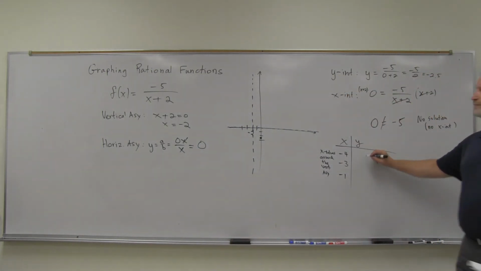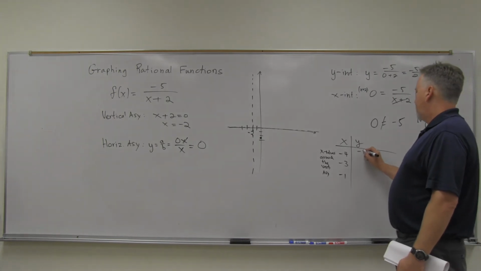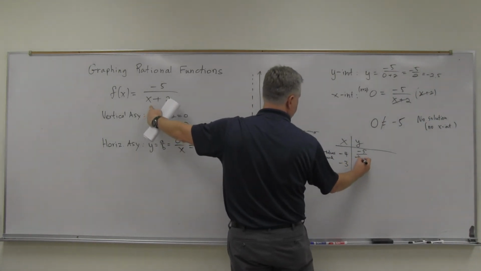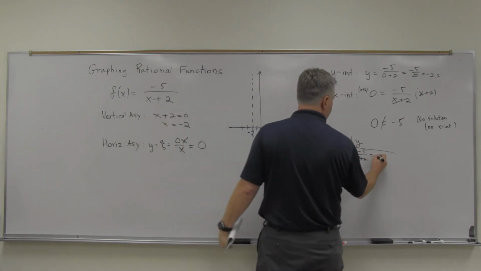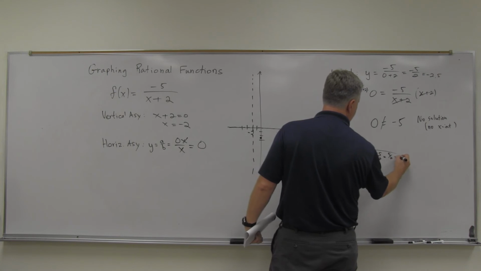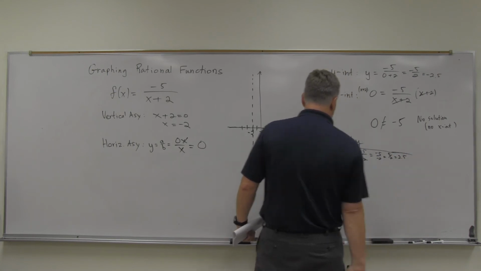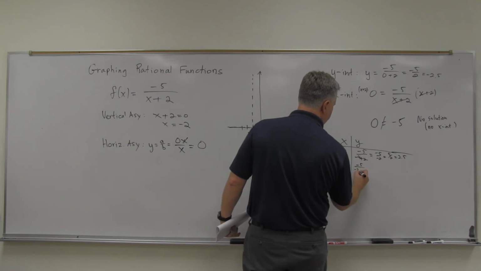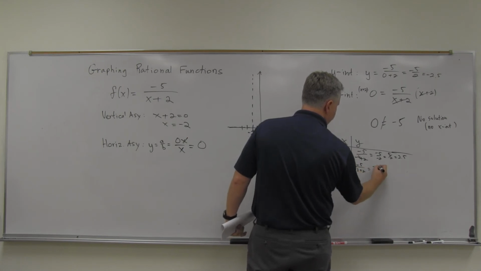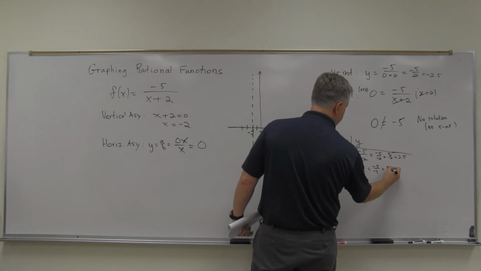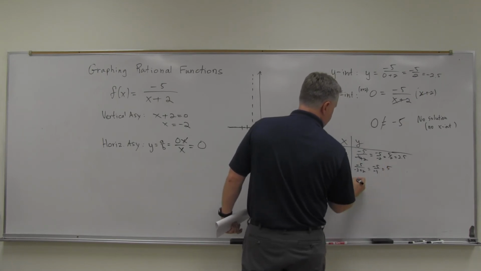All right, so negative 4. We've got negative 5 over, plugging x to be negative 4, negative 4 plus 2. So that's negative 5 over negative 2. That's a positive 5 halves, or 2.5. And negative 3, we've got negative 5 over negative 3 plus 2. So that's negative 5 over negative 1, which is positive 5. And then at x equals negative 1, we've got negative 5 over negative 1 plus 2.